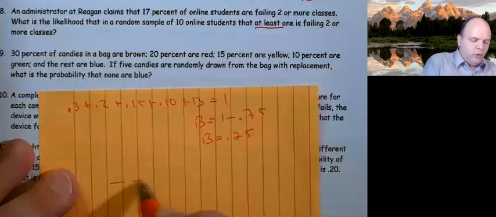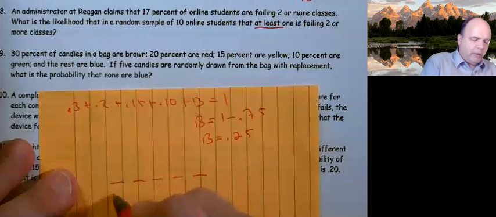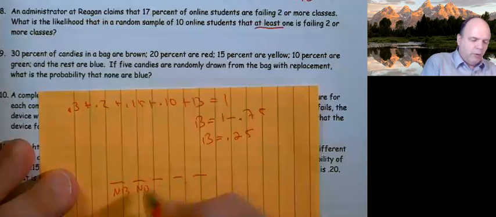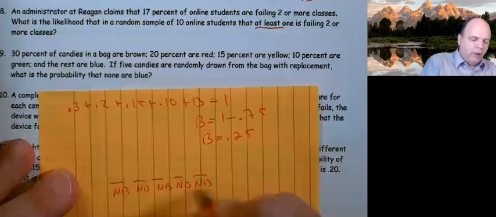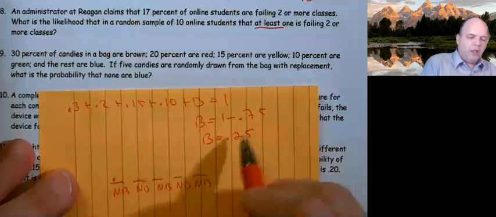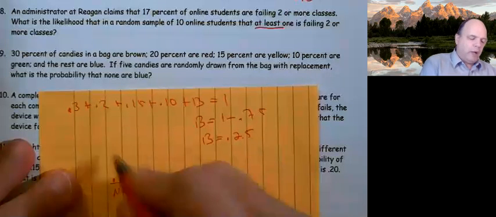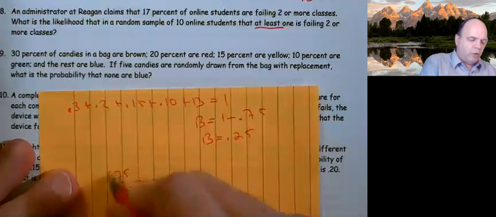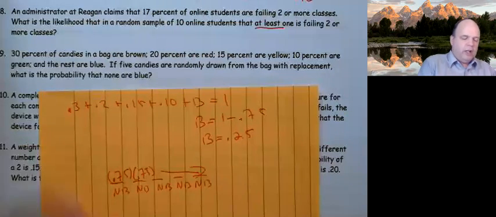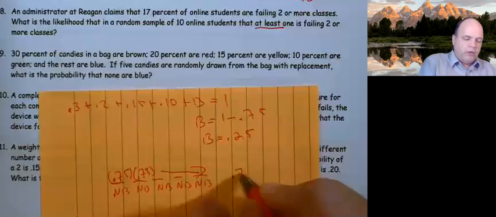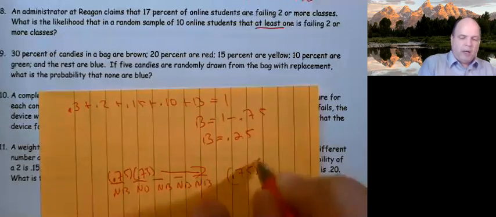Well, they say they want none to be blue, and I'm drawing 5 candies. So 1, 2, 3, 4, 5. Not blue, not blue, not blue, not blue, not blue. So the probability of blue is 0.25, so not blue is going to be 1 minus that, which is 0.75. And at the very end I just go 0.75 to the 5th power.